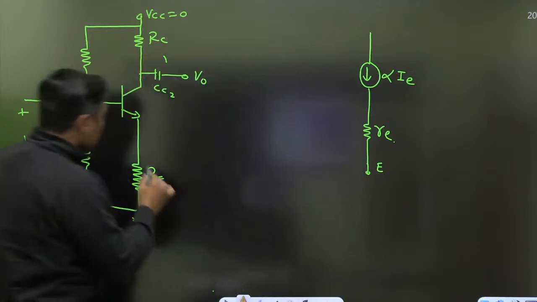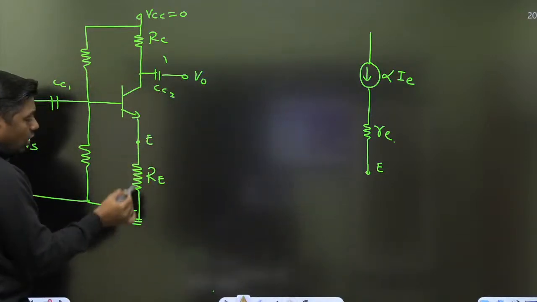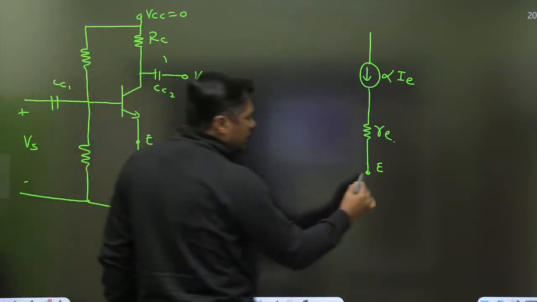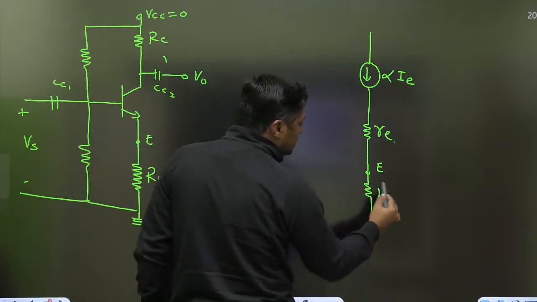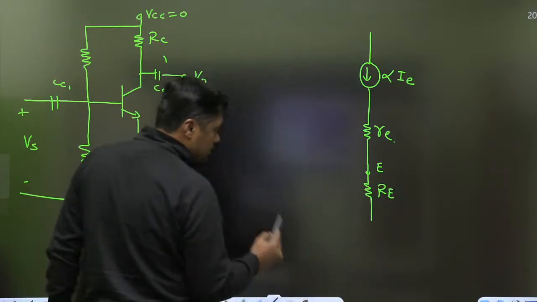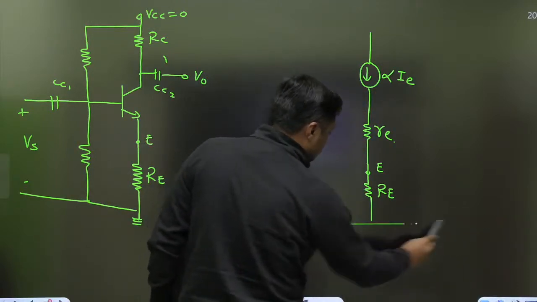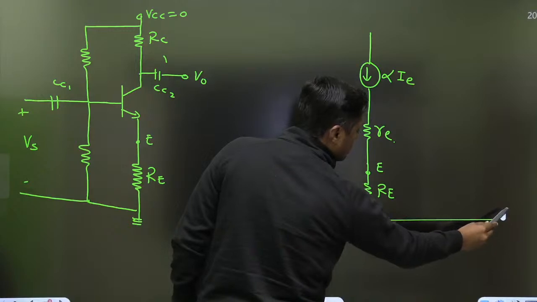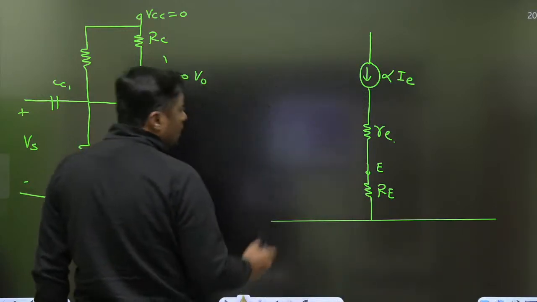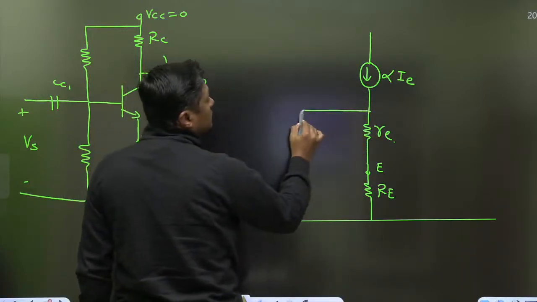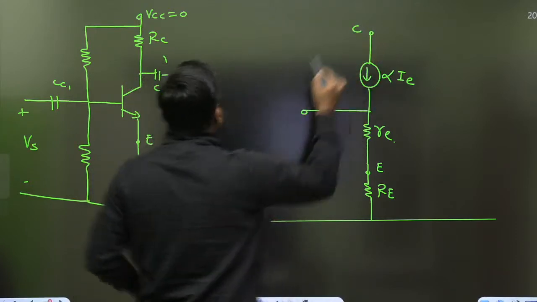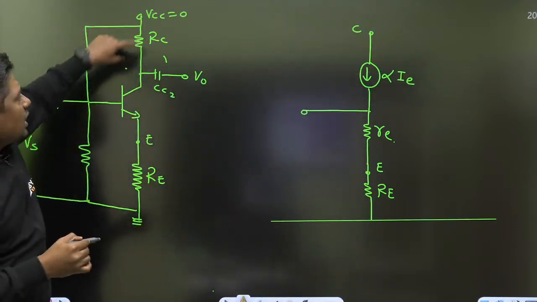Now this time, from emitter to ground, RE is connected. Connect the capital RE. Now this is ground. This is the base terminal. This is the collector terminal. Now from collector to ground, RC is connected.